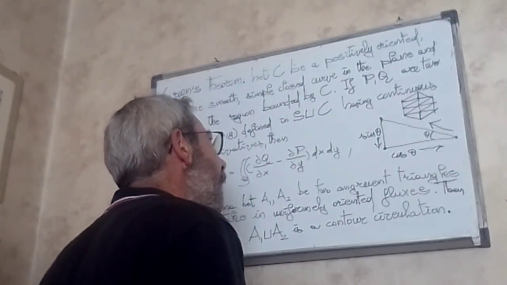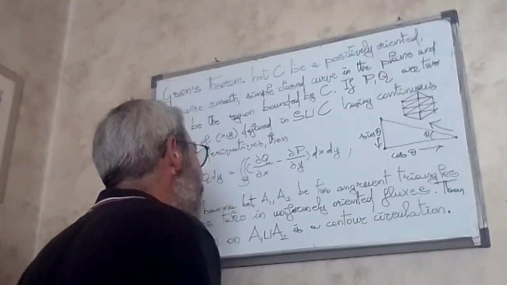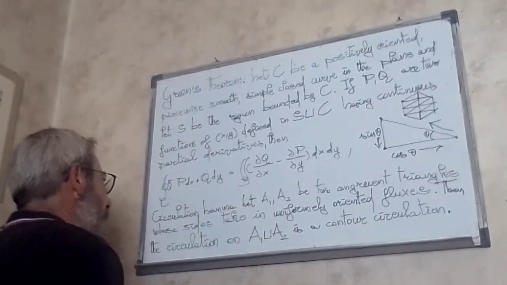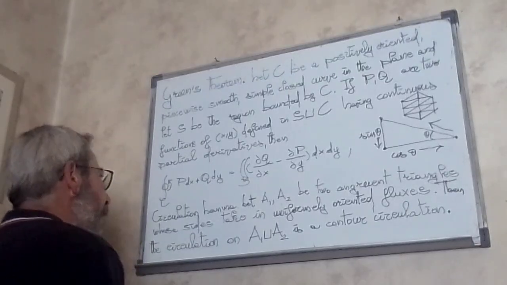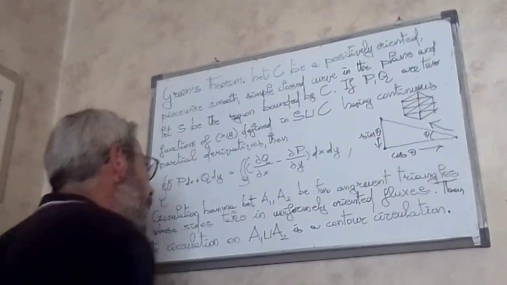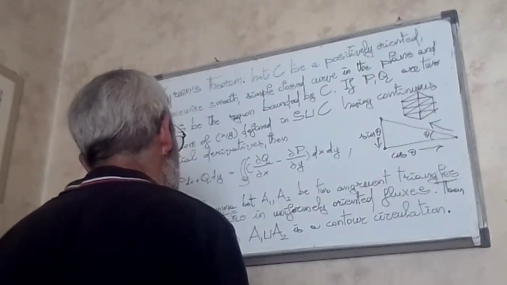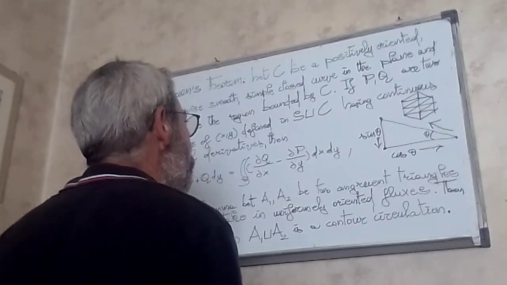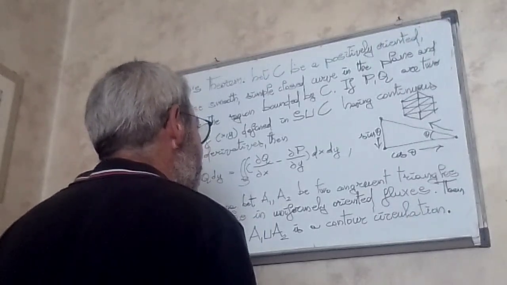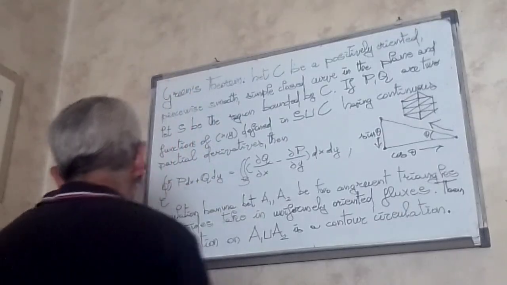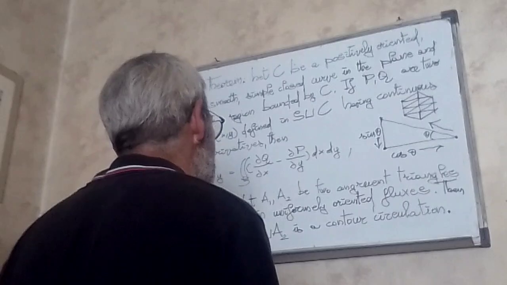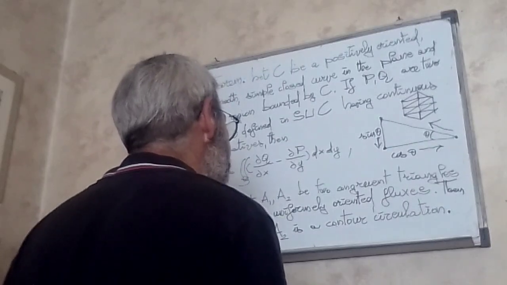With this notation we can approach the circulation lemma that says: let A1, A2 be two congruent triangles whose sides take in uniformly oriented fluxes.